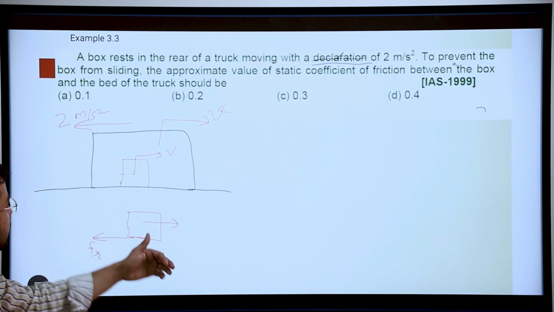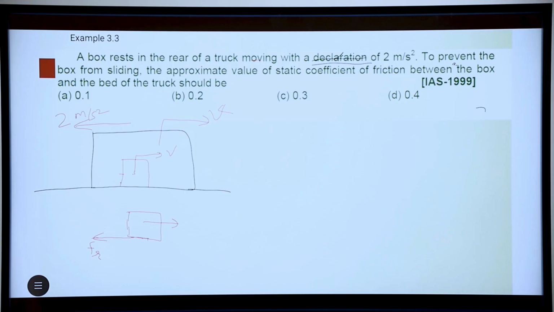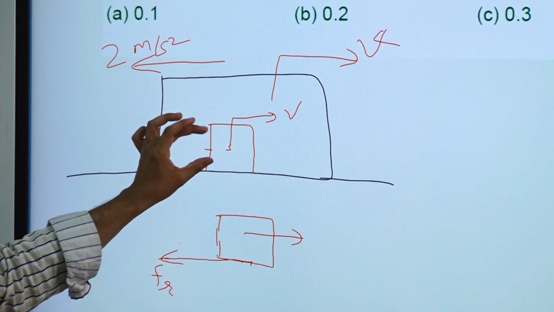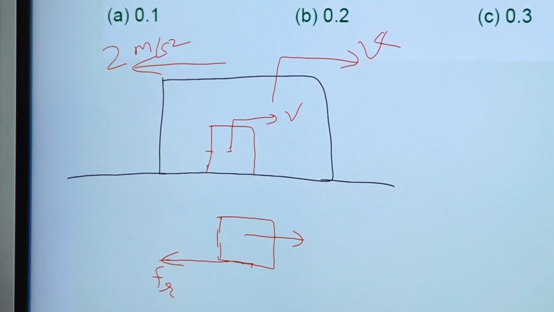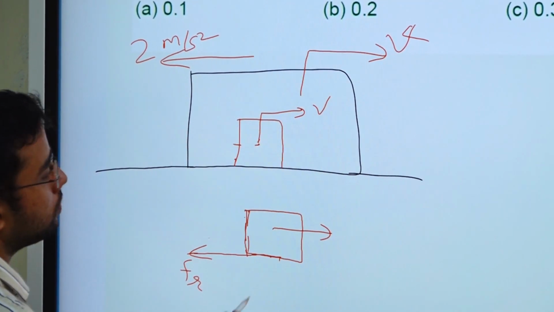But we have deceleration, so this friction force will be acting in reverse direction, because we are trying to stop everything, right? Everything is going to be stopped after some time. So for that case, we have to stop this block also inside, right? Okay, so this is velocity.